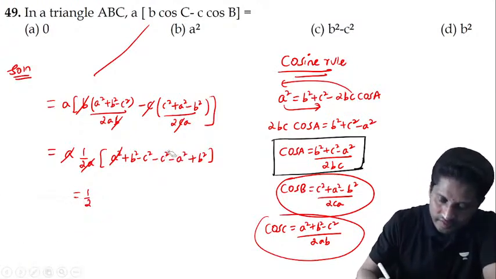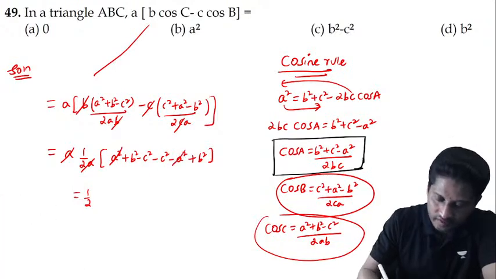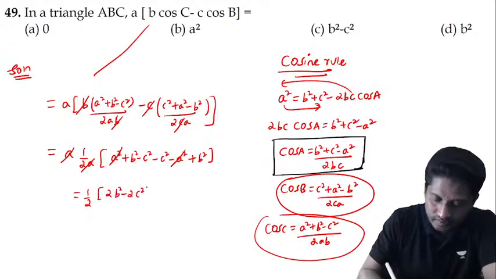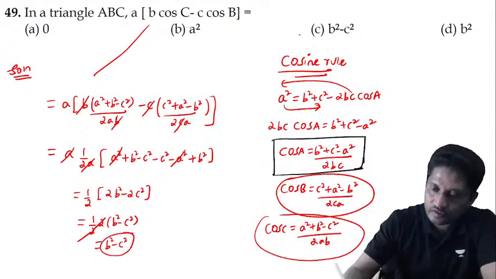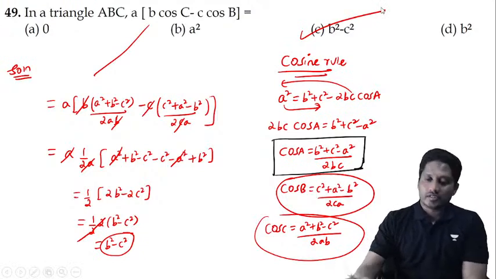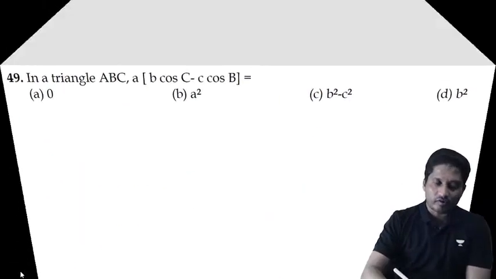The plus A square will cancel with minus A square. So this is half of 2B square minus 2C square. Taking 2 common, cancel 2 and 2, I get B square minus C square. The answer is option C. So this is the cosine rule formula.